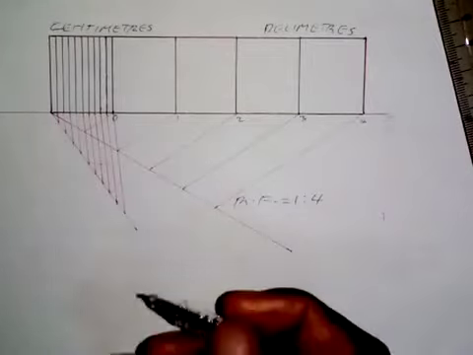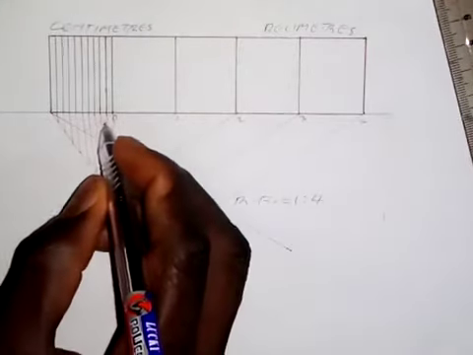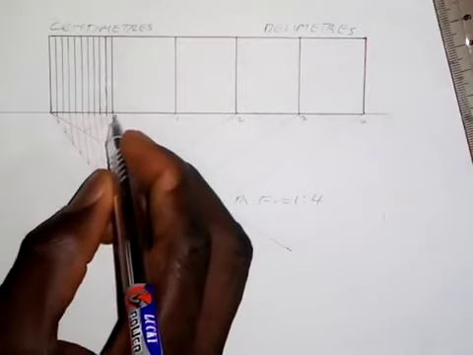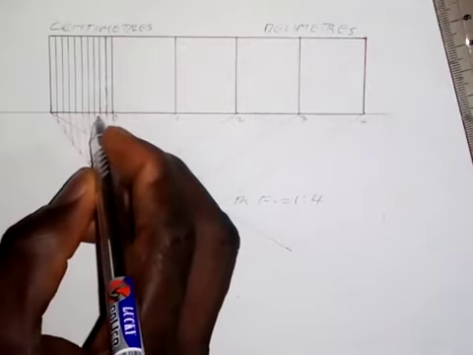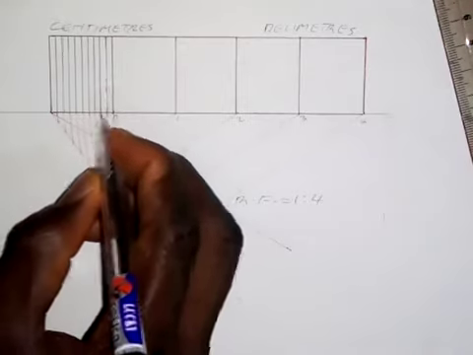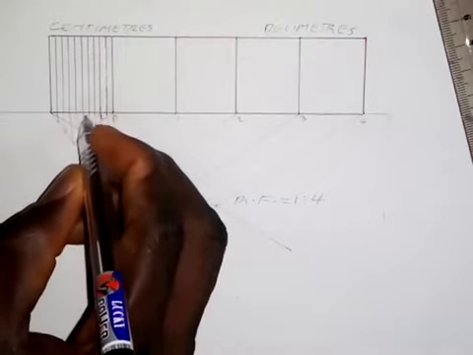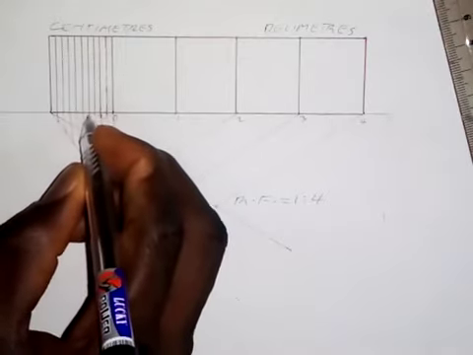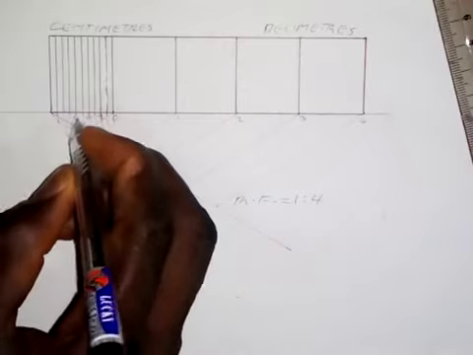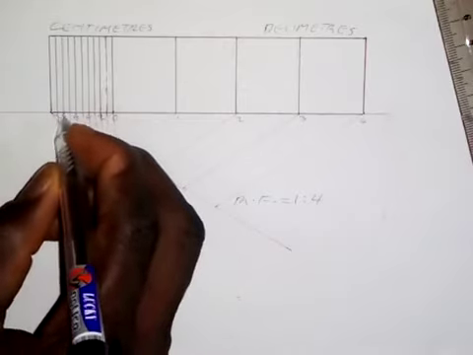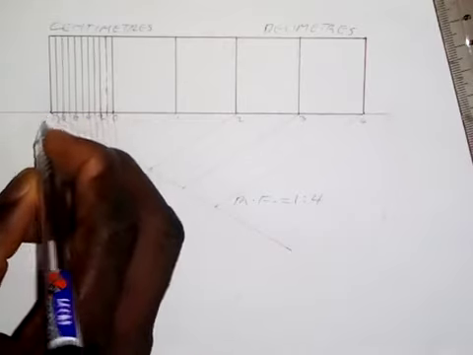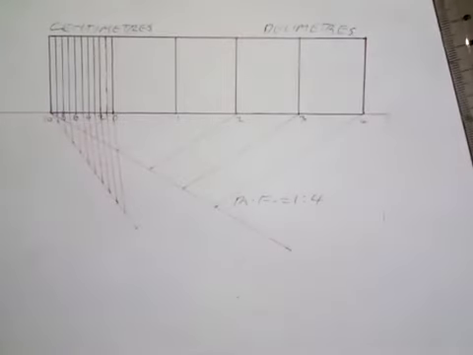And then we also need to number this. So this is 0. I'll come here and write 2 here. So here I will write 4. Here I will write 6, this is 8, and this is 10. Very important. Having done this, we have constructed a plain scale.